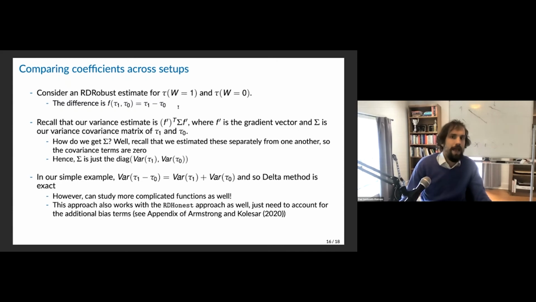That's what I asked you. Is that difference significantly different from 0? I'd like to know what the statistical distribution is of that. Well, that's a function of two parameters, tau 1 and tau 0.